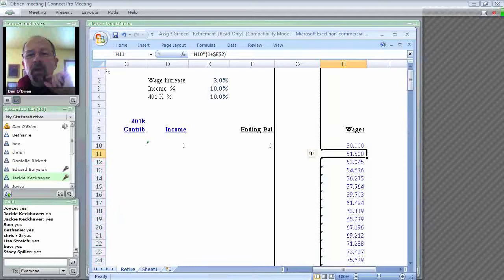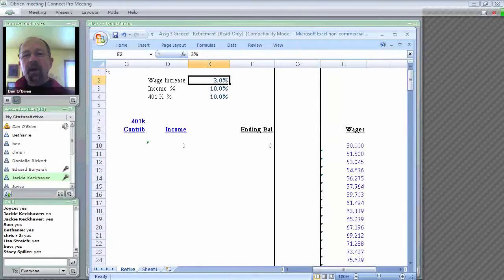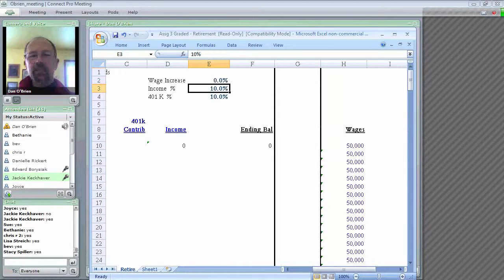Okay, now, if my wages change by 3% each year, that's what my wages will be. I can check this too. If I hit 0, my wages stay at 50,000 because it's not increasing by anything. If I have 3%, my wages go up by the 3% every year.